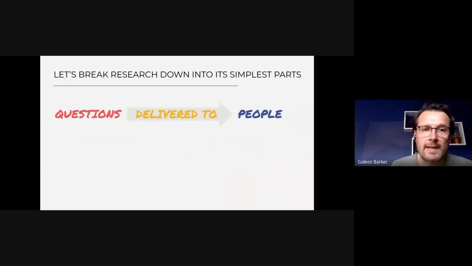But if we boil research down to its simplest parts, I do believe it's pretty much as straightforward as taking some questions, delivering them to some people, listening and taking notes. If you're doing that, it's research. So if you're on a sales call and asking interesting, probing questions about your client or prospective customer, that's a bit of research.